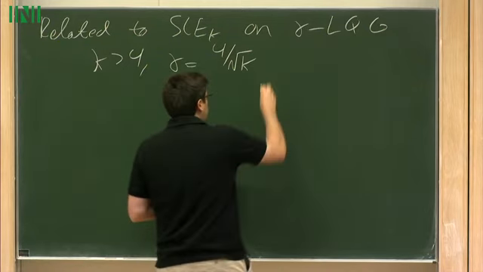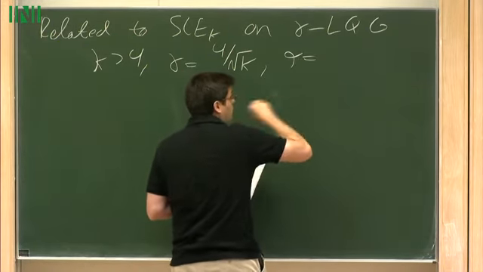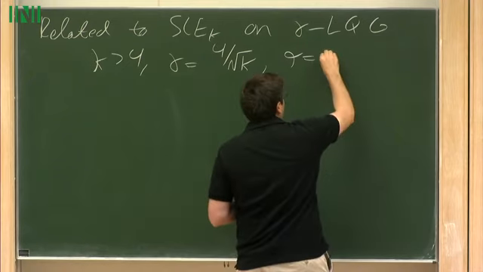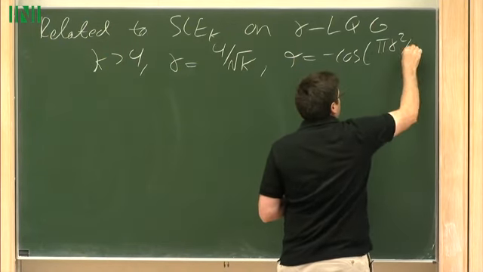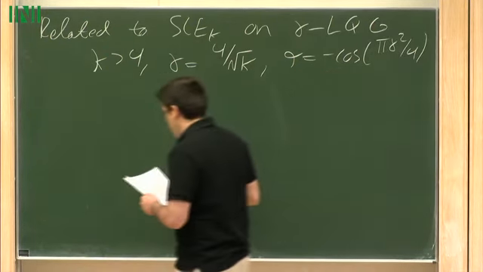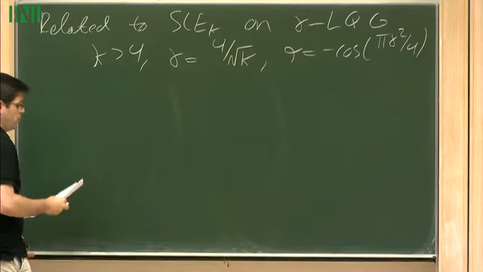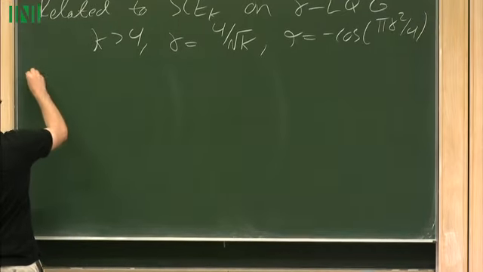And the correlation in the mated CRT map is going to be minus cosine of pi times gamma squared over 4.